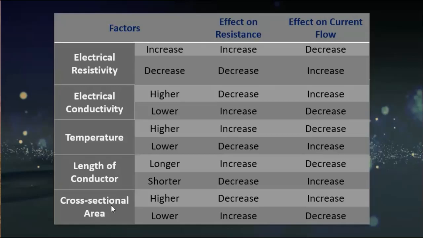I've done discussing this concept already. The bigger the area, the lesser the resistance, and on the effect on current flow, it will increase. And the smaller the cross-sectional area, the higher the resistance and effects on current flow will decrease.